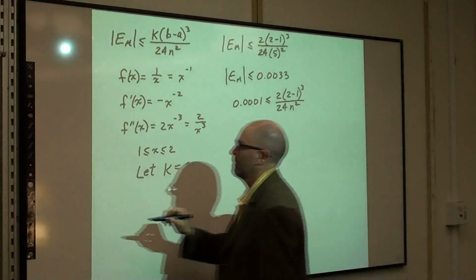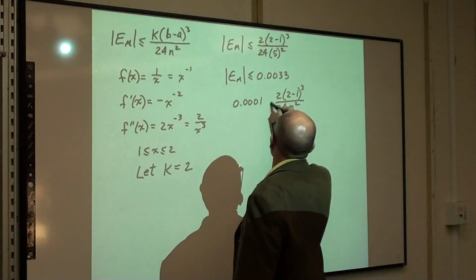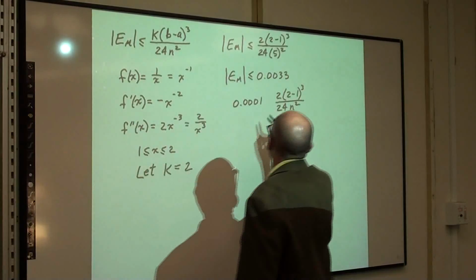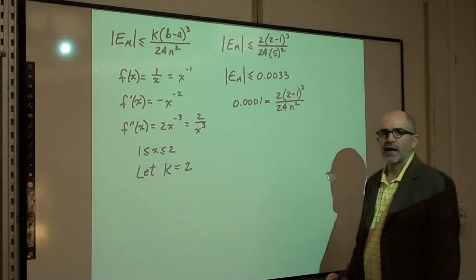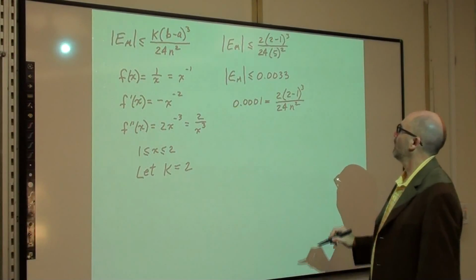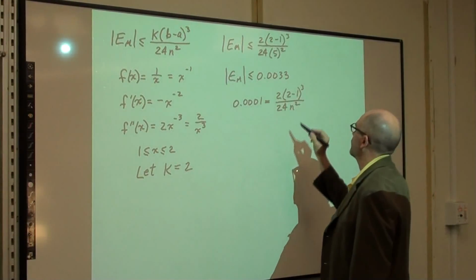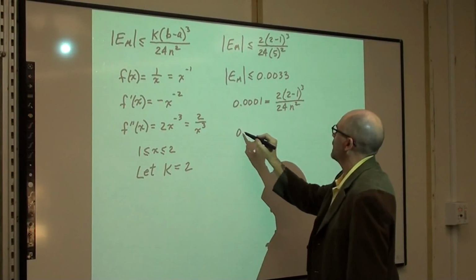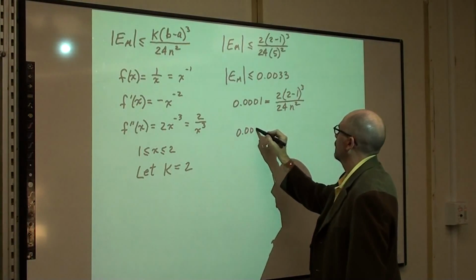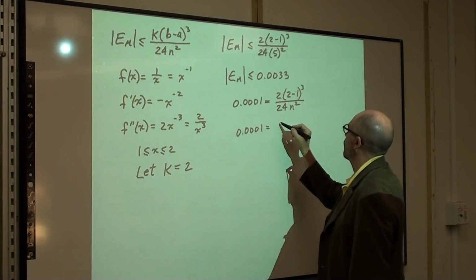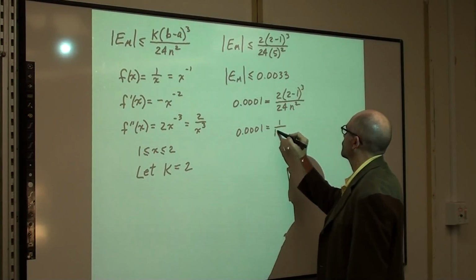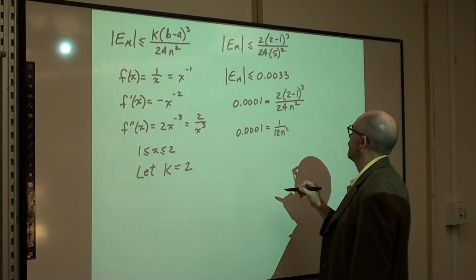So we'll just say, we're going to make this an equal sign. So now it's time to solve for n. So basically 2 times 1 is 2, so we've got 0.0001 equals 2 over 24, or 1 over 12n squared.